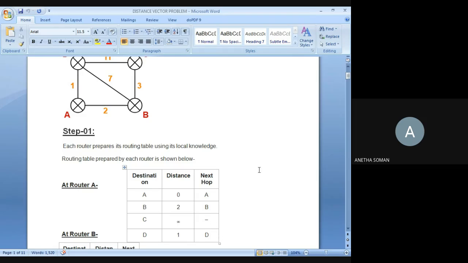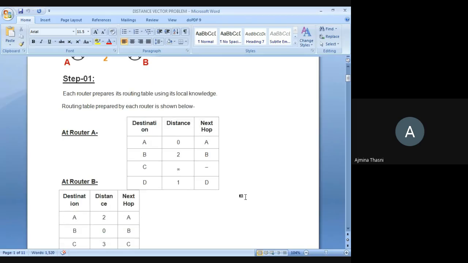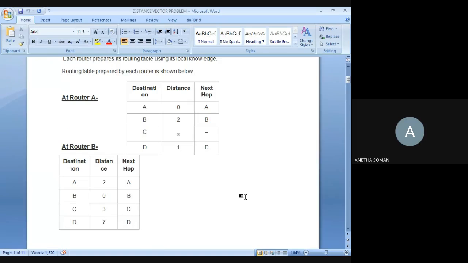Now Ajvina, tell the routing table for router B. A 2 A, B 0 B, C 3 C, D 7 D. Okay, so this is the routing table for router B. I hope everybody is writing. Neeraj, are you writing? Okay.